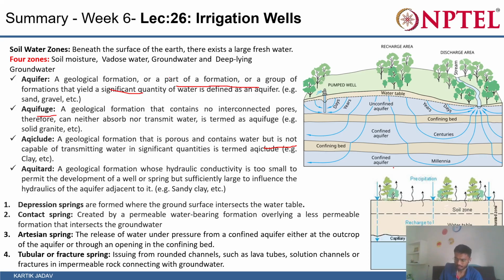Generally, in northern India we have unconfined types of aquifer, and we are tapping those because of alluvial formation in the lower Himalayan region, while as we go towards central India or southern India, we have more confined types of aquifers. So these are the types of aquifer.